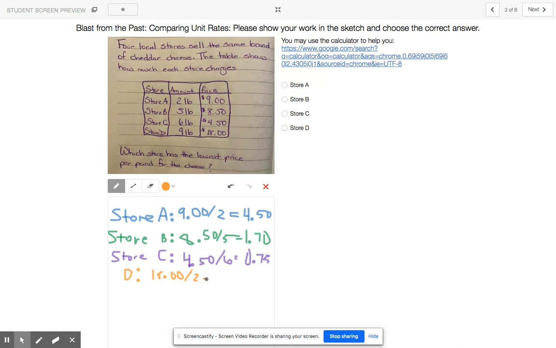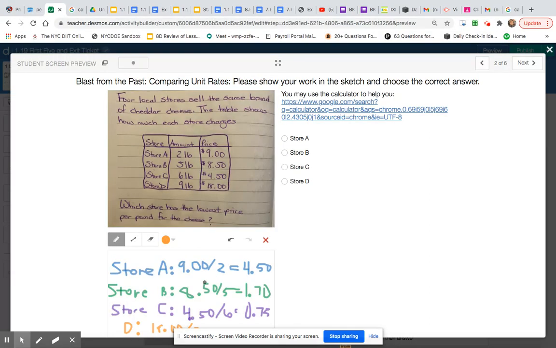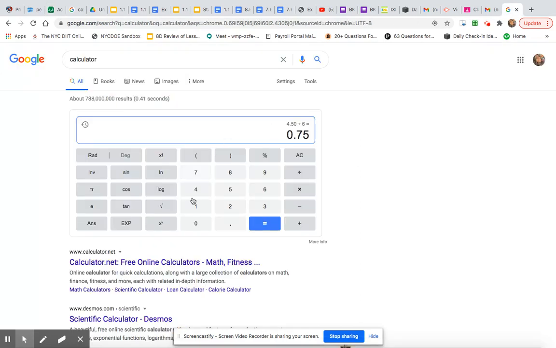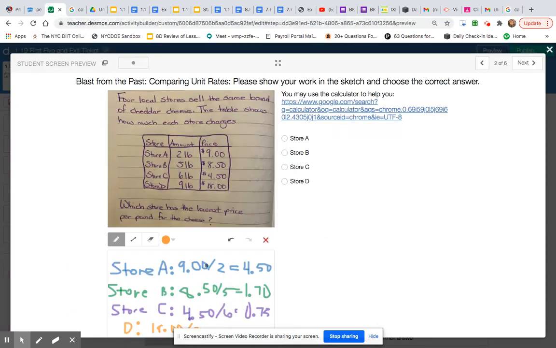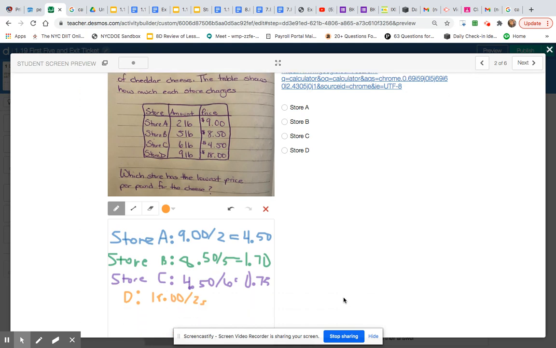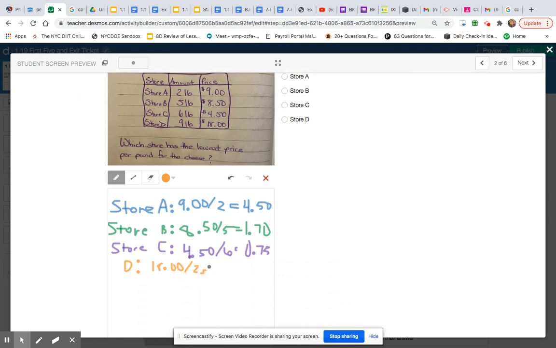If you already know 18 divided by 2, you know it's 9, but it does not hurt to use the calculator. When you do $18 divided by 2, 9. So at store D, the price of cheese is $9 per pound.